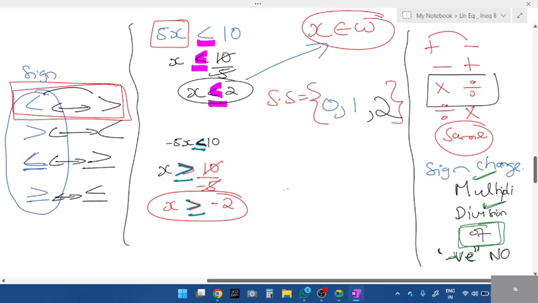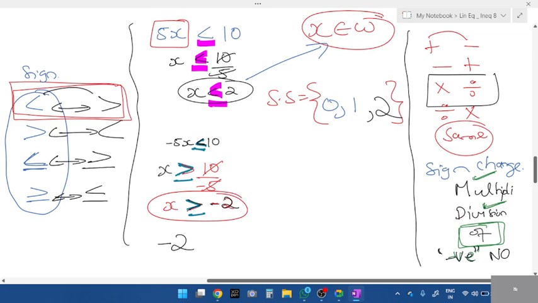Okay, now I'll teach you another concept here. In the number line, where does a negative number lie? Right hand side or left hand side? Left hand side, right? So whenever you get a negative number like minus 2, it shouldn't be on the right hand side. Try to write it on the left hand side. Let me write minus 2 first.